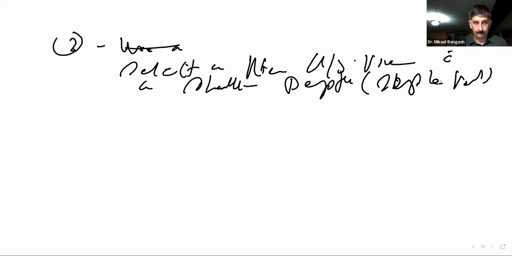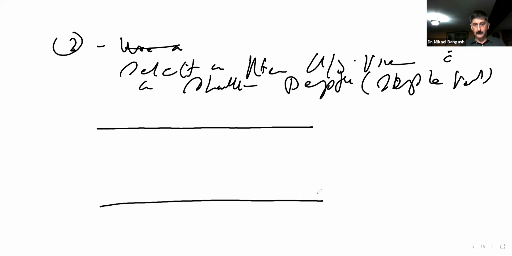Now what does that mean? Look here. Let's say this is the depth through which you're scanning. Let's say that at this point here we have the transducer. Let's say this area here.